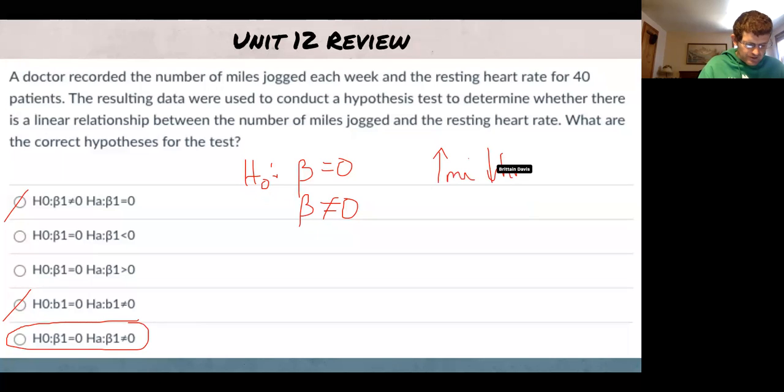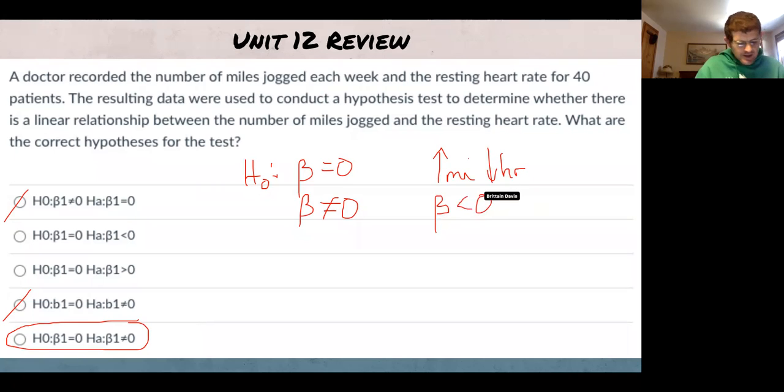So we might expect that our population slope would be less than 0. That is a fair idea, but because it doesn't ask us specifically to test for a negative slope, the best answer is this one. So anyone who did answer this on the test got half credit, but there you go.